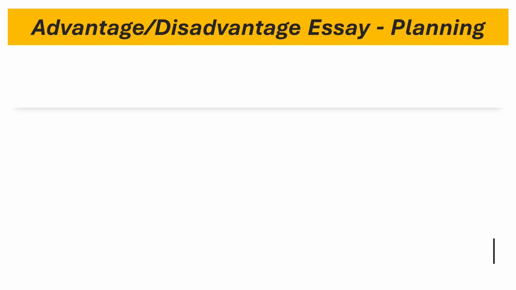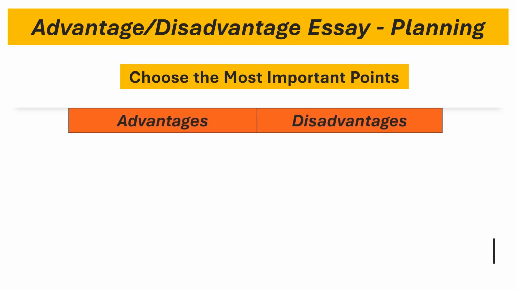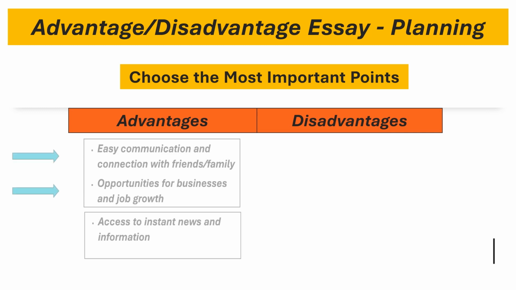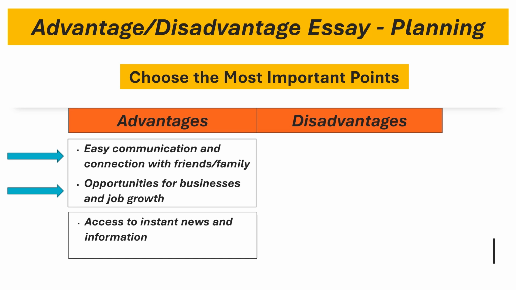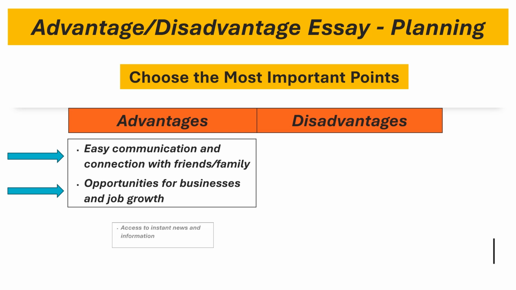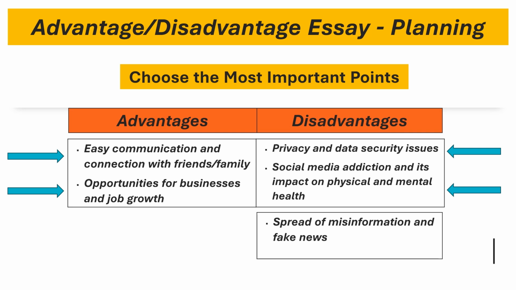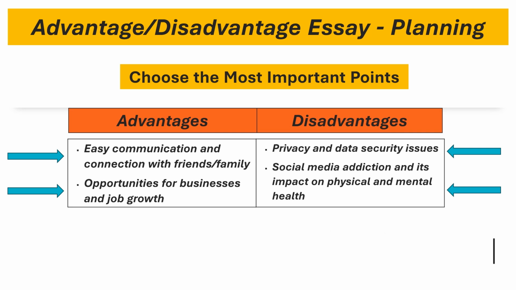Instead, let's select the two most relevant advantages and disadvantages to discuss in depth, considering the length of the essay and the time we get to develop and write the essay. We will choose easy communication and business opportunities as advantages, and privacy concerns and physical and mental health issues as disadvantages. Once the ideas are finalized, we can decide on the structure of the essay.